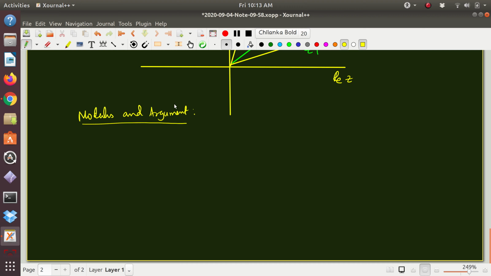Now that you have understood that a complex number can be represented as a point on the complex plane, this is a complex number with real part x and imaginary part y. This is real, this is imaginary. Now you can join the origin to the point that represents the number z.